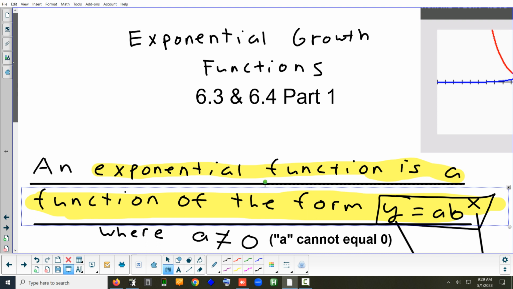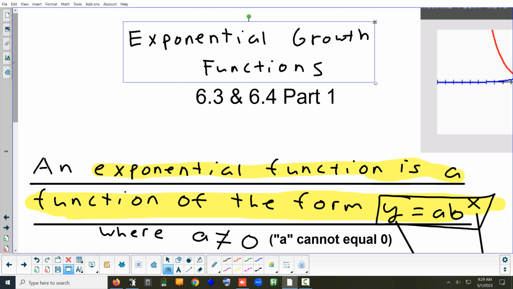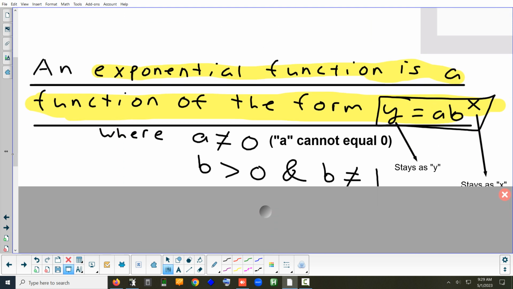You can pick a lot of different numbers for b. But if we're going to talk about something that's going to specifically grow as we go to the right, that's going to curve upward, then b has to be a number bigger than 0. So b has got to be a number bigger than 0, but it can't be 1. I'll show you what happens if it is 1, but it can't be 1.